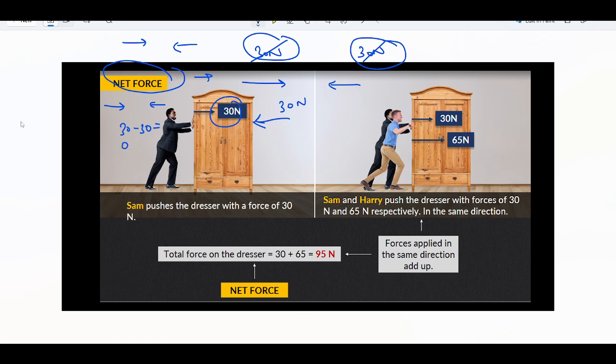So the net force is equal to 0, right? And in this case, why did we add and get 95?